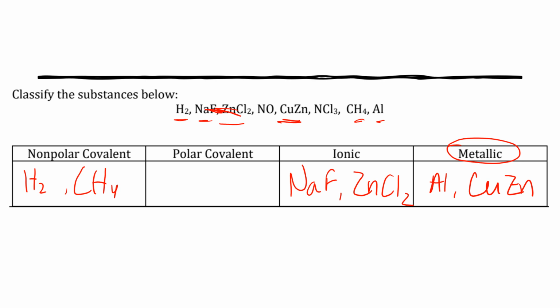The next two, or the next leftovers, are polar covalent, so the way that these are going to be bonded within each compound, if you will, or each molecule. For example, this is H and H, CH4.